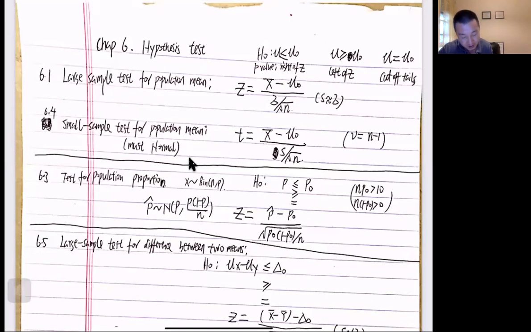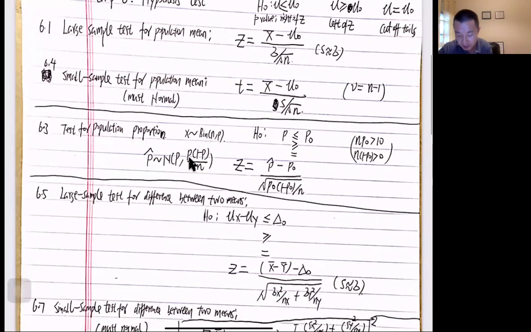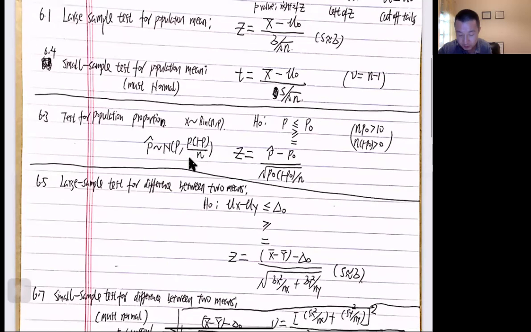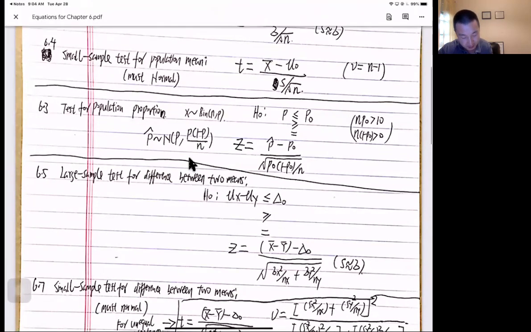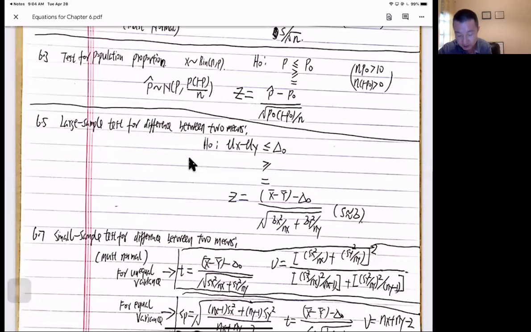And then we have test for population proportion. Similarly, here show the condition, setup of H0 and H1, the null hypothesis, and the z-value equation for the z-score. And 6.5 is a large sample test for difference between two means. Again, the equation, which is z-value.